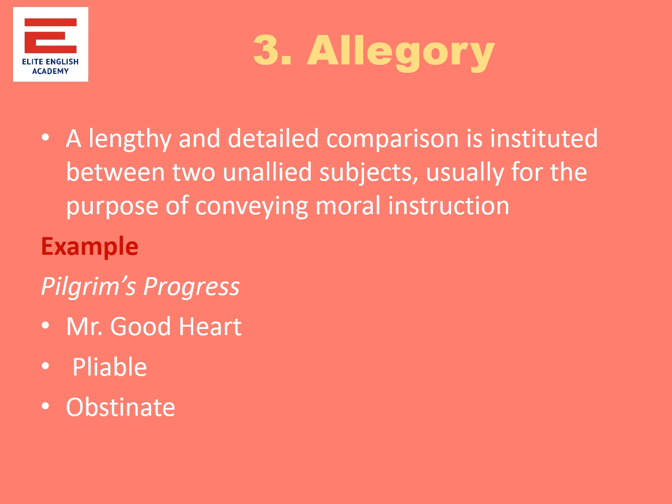These two values are given human form to go along with Christian. So the entire work is designed in that way. So this work can be considered as an allegory. I hope you understand. It is a lengthy, detailed comparison in which non-living things or values are given human form, especially to convey the moral instruction.